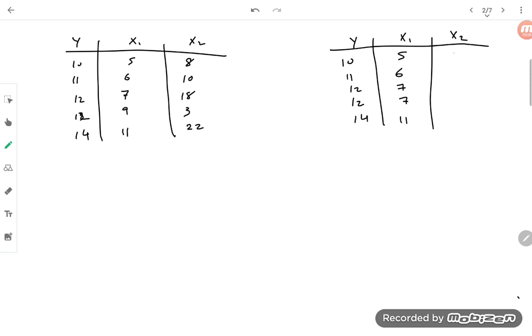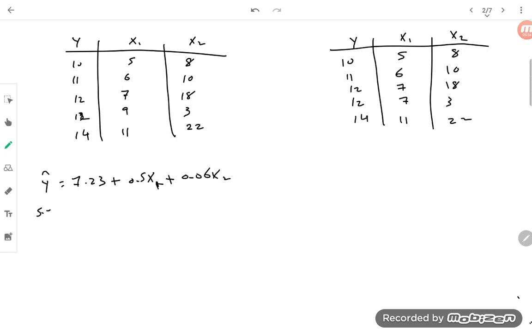These are two different examples. Let's run the regression for each one of them. For the first one, y hat equals 7.23 plus 0.5 x1 plus 0.06 x2.